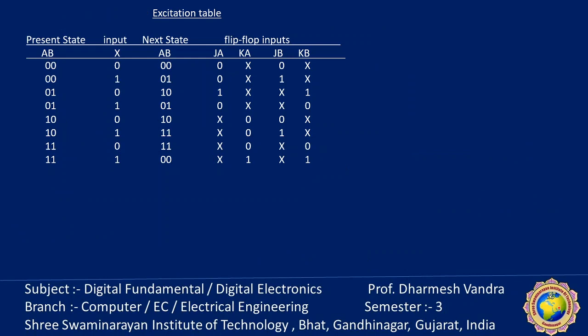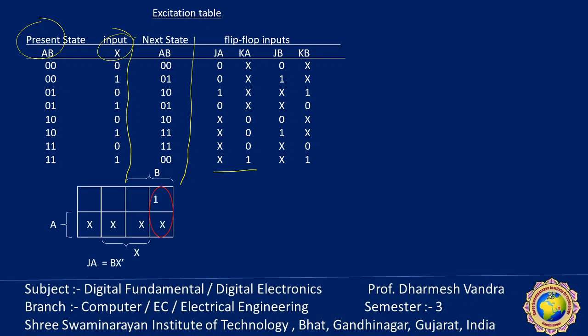So let's see. This is the table. X. These are the input, present state, and input. And so this equation is in terms of A, B, and X. So let's take JA. JA is 1 here when 0 1 0. So 0, 1, 0, this one.